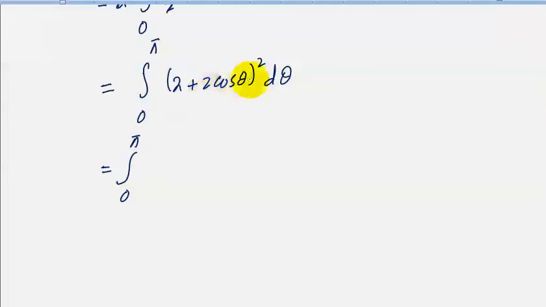First we open this square. 2 square equal to 4, 2 cos theta square equal to 4 cos square theta, plus 8 cos of theta, whole d theta.